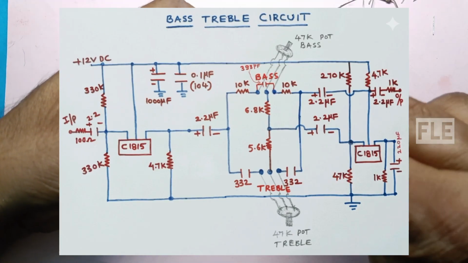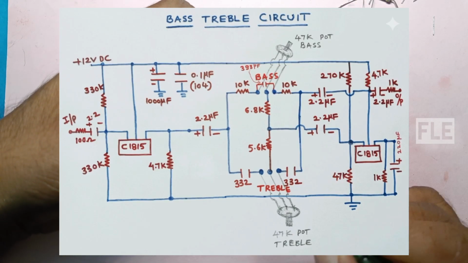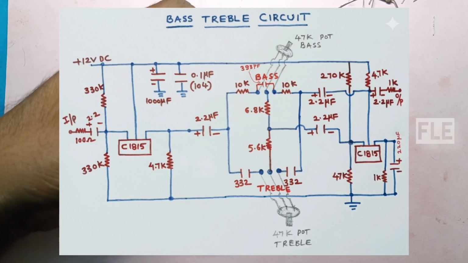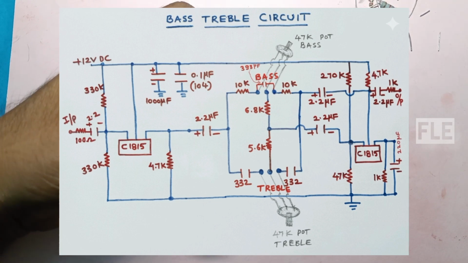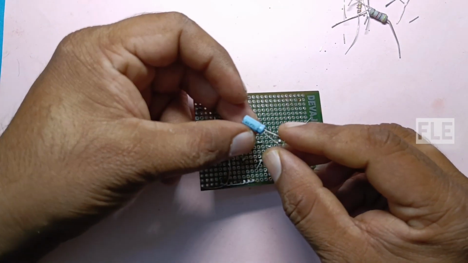According to the circuit diagram, 2.2 microfarad capacitors are connected to the common terminals of 332 pF and the 10K resistor, and between the 6.8K and 5.6K resistors.